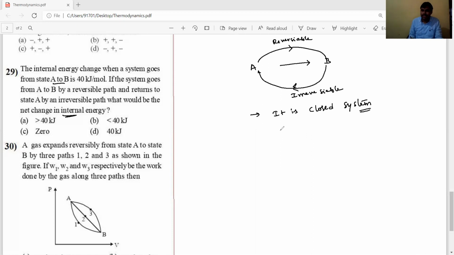In a closed system, the net change of internal energy, delta E, is equal to 0. Delta E is equal to 0, for the reversible path and the irreversible path. Why is the internal energy change in a closed system 0?